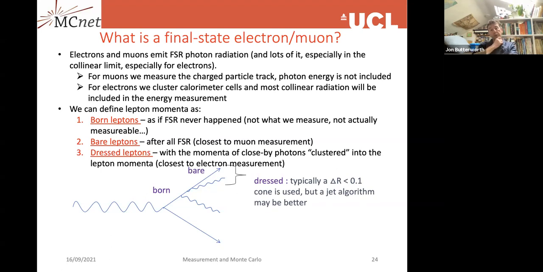So probably the most rigorous final state definition of this is what we call dressed leptons, and now remember, this is at the truth level we're talking about. This is not a detector thing. This is how you define the cross-section at the final state particle level, where we take all the photons that are close by and we cluster them into the lepton momenta. So it's getting very close to a jet finder, which is the way we treat QCD radiation in the final state.